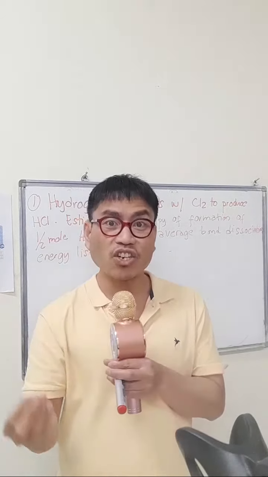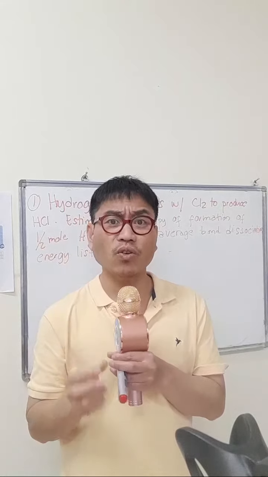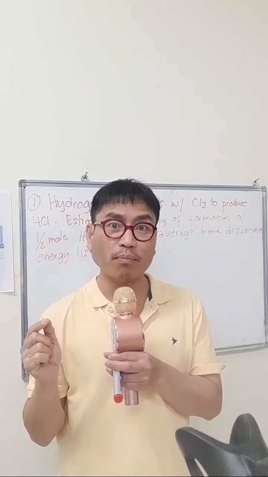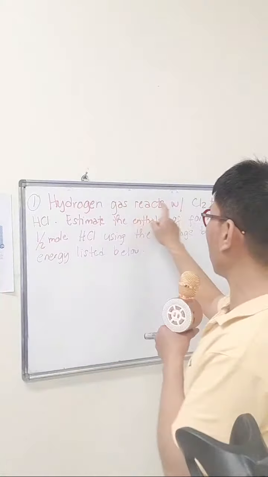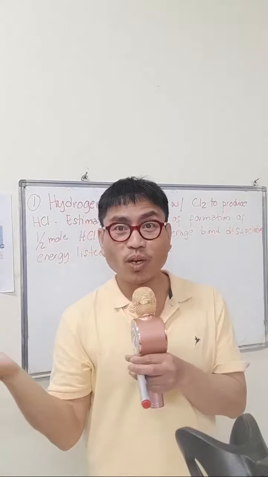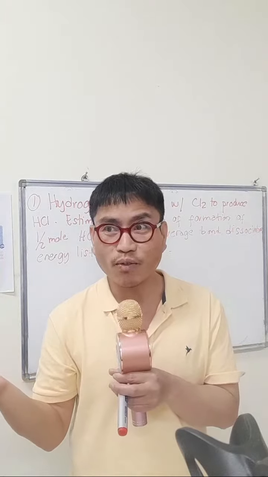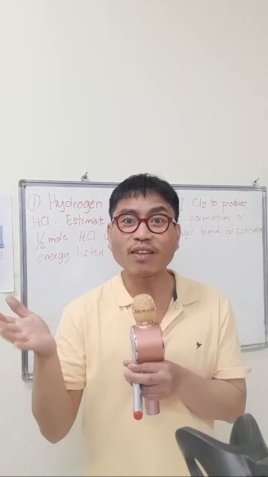So we can manufacture our own digestive acid, which is known as hydrochloric acid, inside our body. So this is a very important reaction. Hydrogen gas reacts with chlorine gas to produce HCl. So basically, the question will state like that in a future science examination, where HCl is a digestive acid.